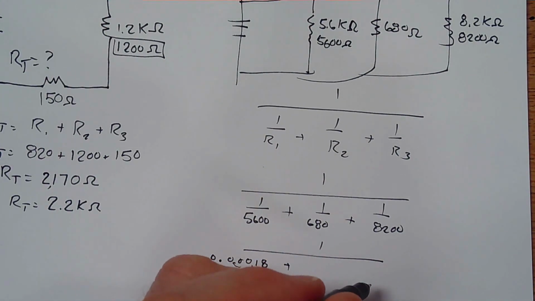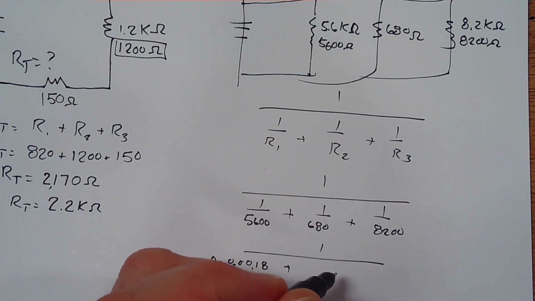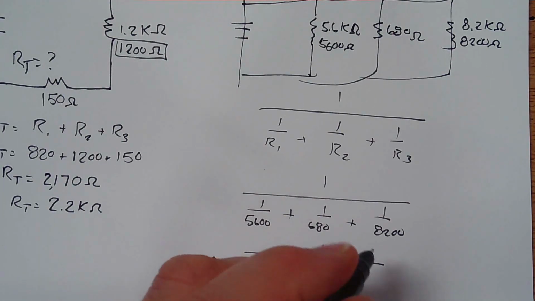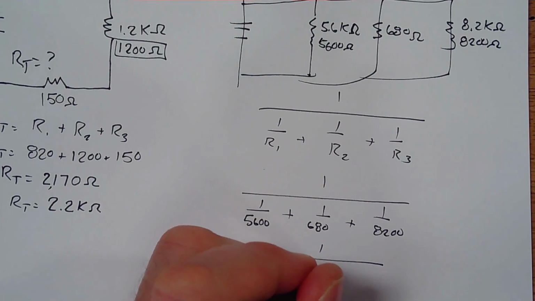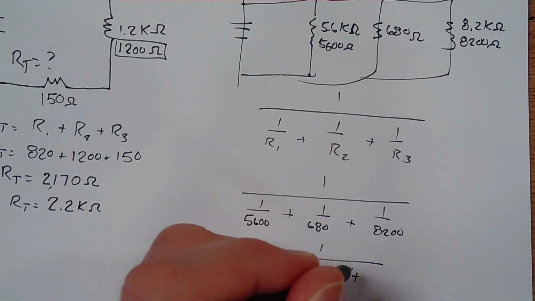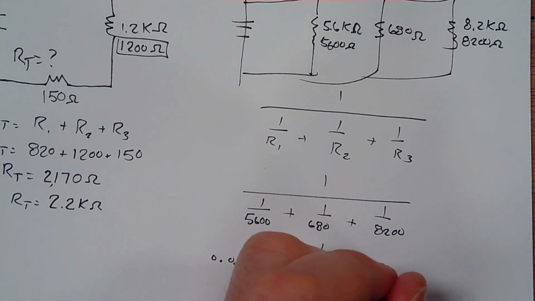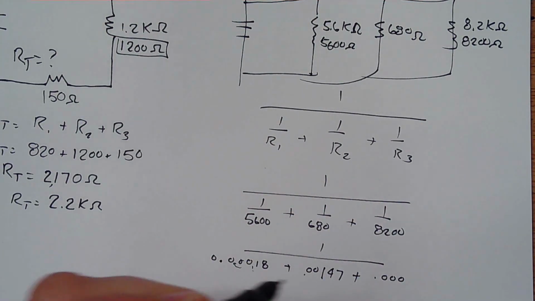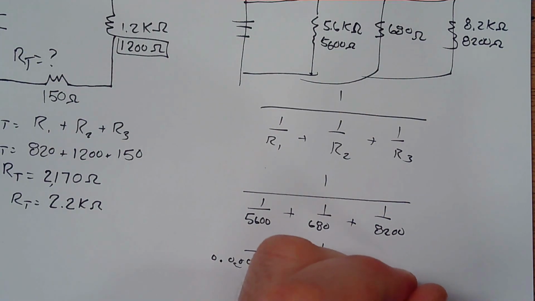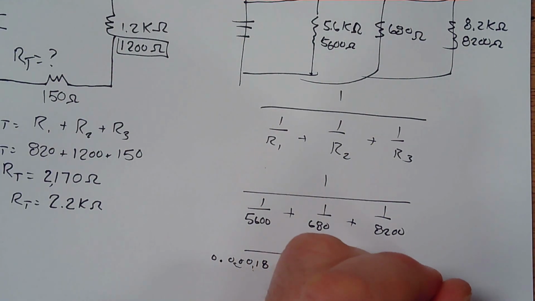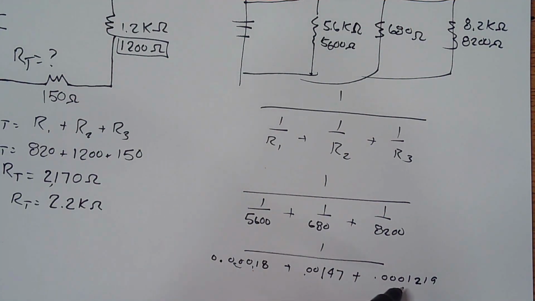All right. 1 divided by 680 is 0.00147, plus 1 divided by 8200, which is 0.0001219. Make sure I did that right. 1, 2, 3, 4, because my calculator gives it to me in scientific notation.